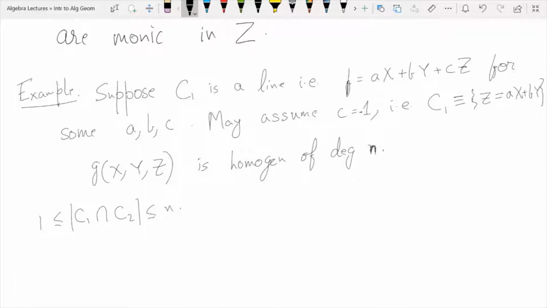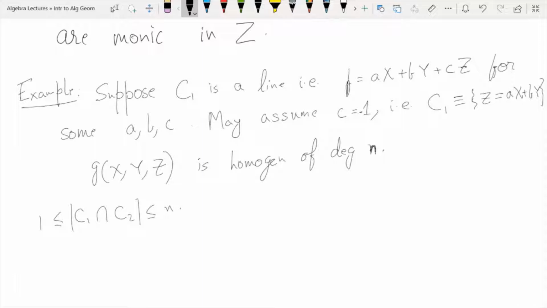So what does C1 intersection C2 mean? We are looking for simultaneous solutions. It means the point lies on both the zero locus of f and the zero locus of g. So we are trying to simultaneously solve f equals 0 and g equals 0. We know how to solve such equations.